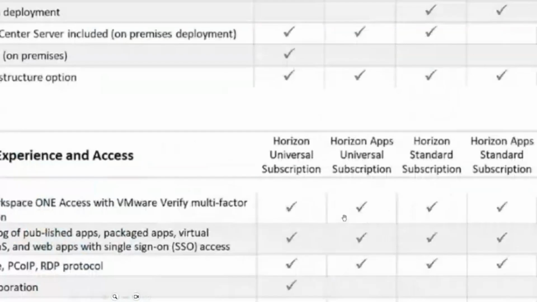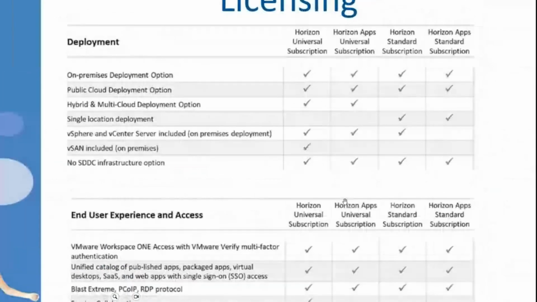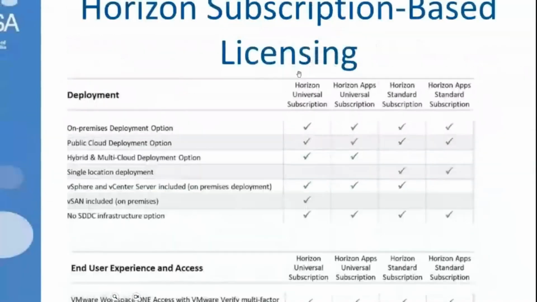Okay, if we look at this, oops, I zoomed in too much. So with licensing, if we have a look at this side-by-side comparison, I'm not going to go through individually what it's all about. You can have the single location license, which is your standard subscription, or the standard app subscription. You could have the vSAN license, which is included as part of your universal, but that's only for on-premise.